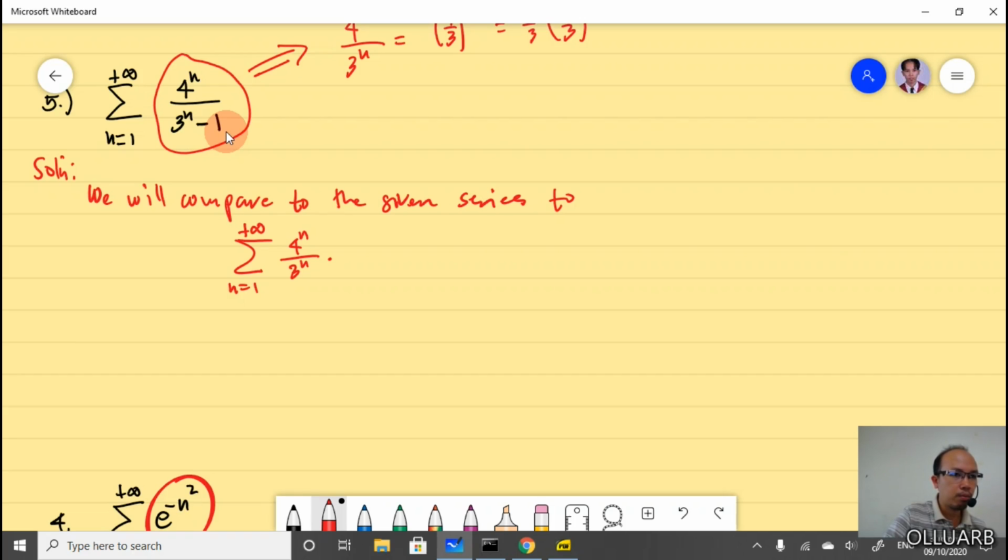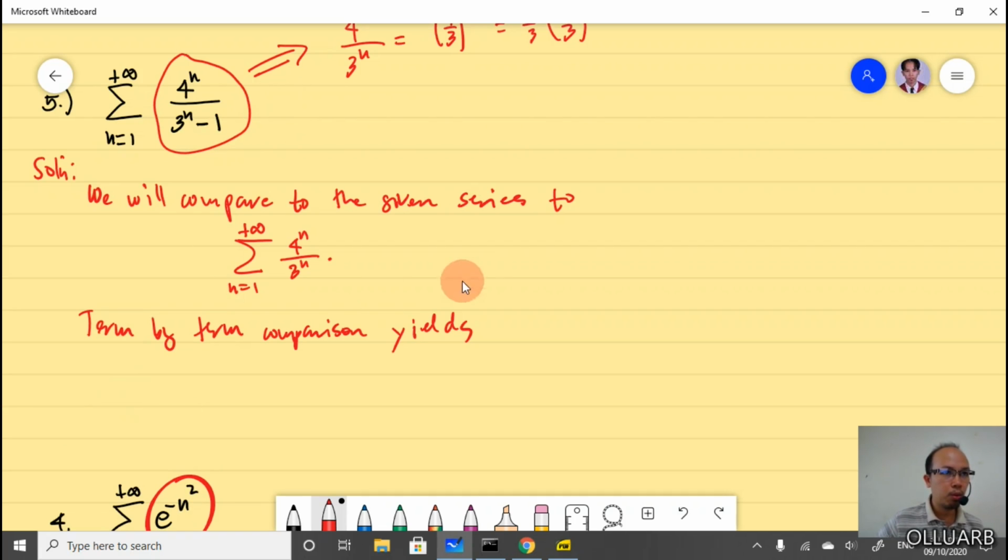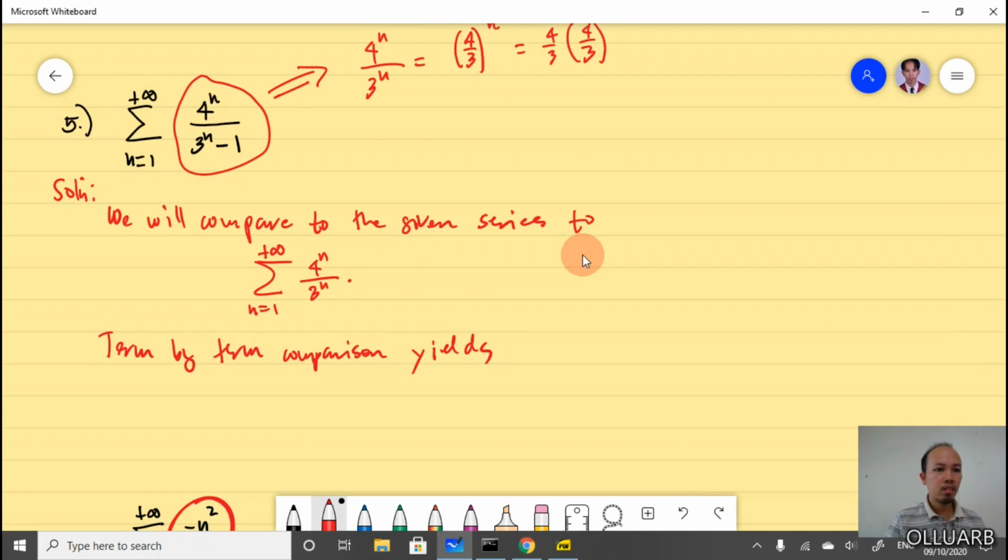Let's forget that first. Term by term comparison yields... how are we going to compare?